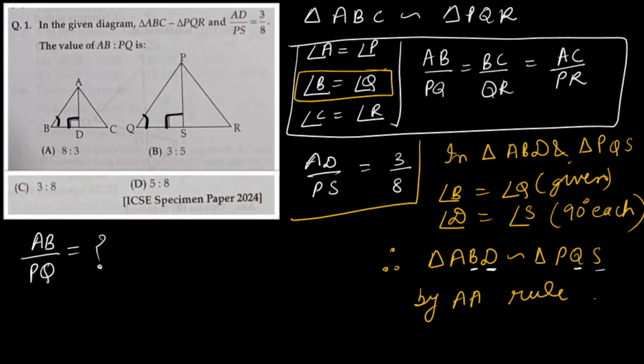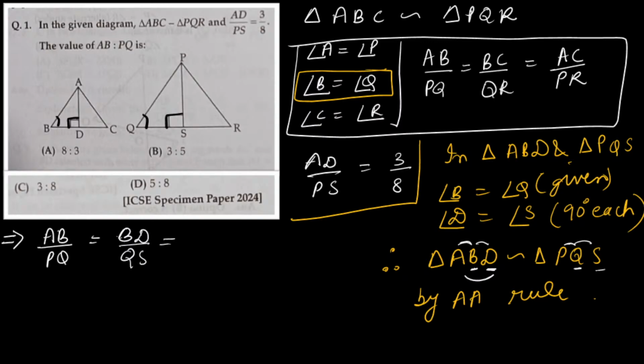Now if these two triangles are similar, which implies the ratio of the corresponding sides will be equal. So AB by PQ is equal to BD by QS, since AB's corresponding side is PQ and BD's corresponding side is QS, and that is equal to AD by PS, since AD's corresponding side is PS.